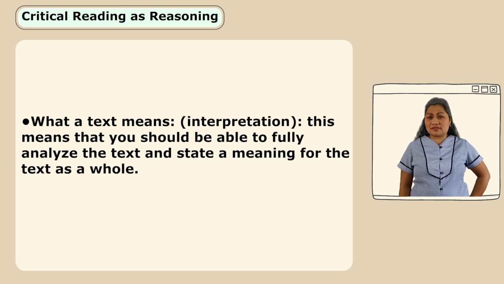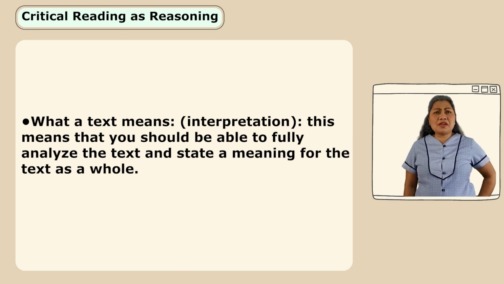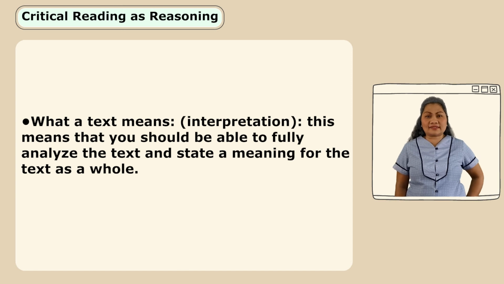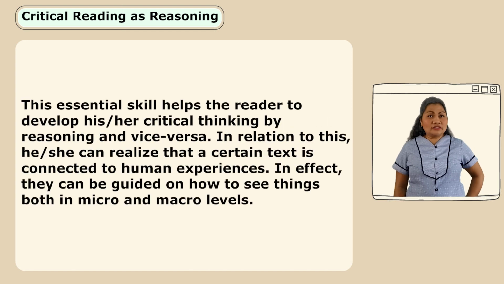What the text means. So you are interpreting. This means that you should be able to fully analyze the text and state the meaning of the text as a whole. This essential skill helps the reader to develop his or her critical thinking by reasoning and vice versa.